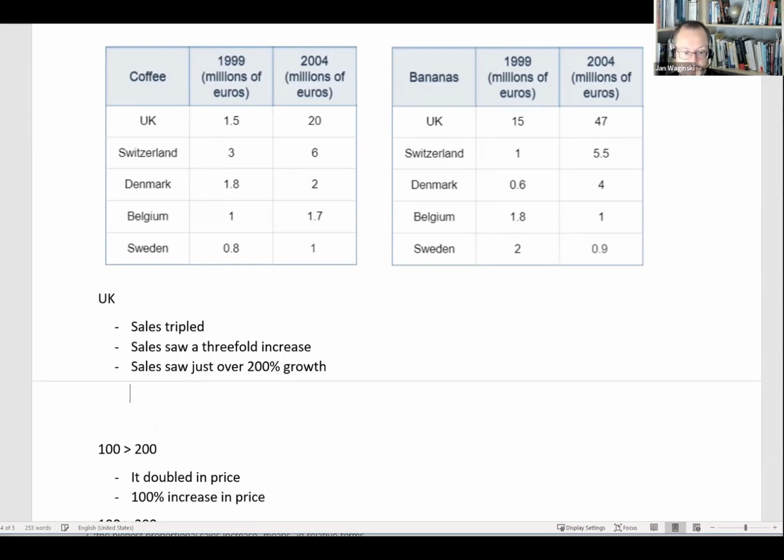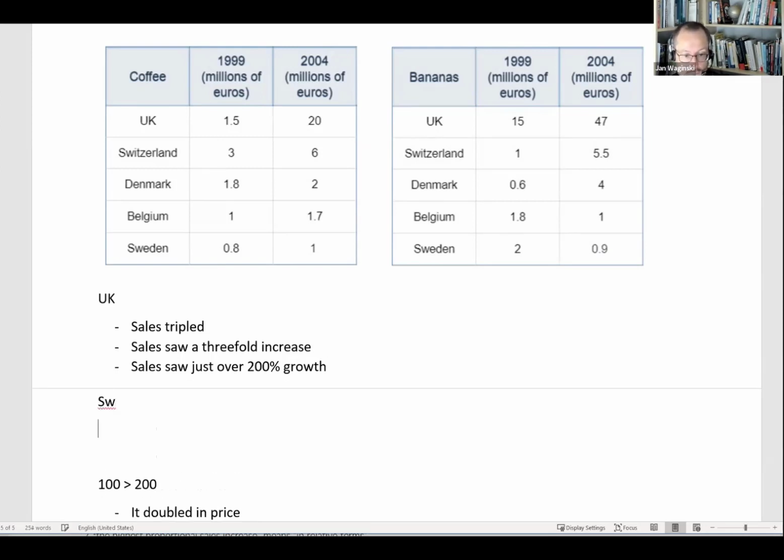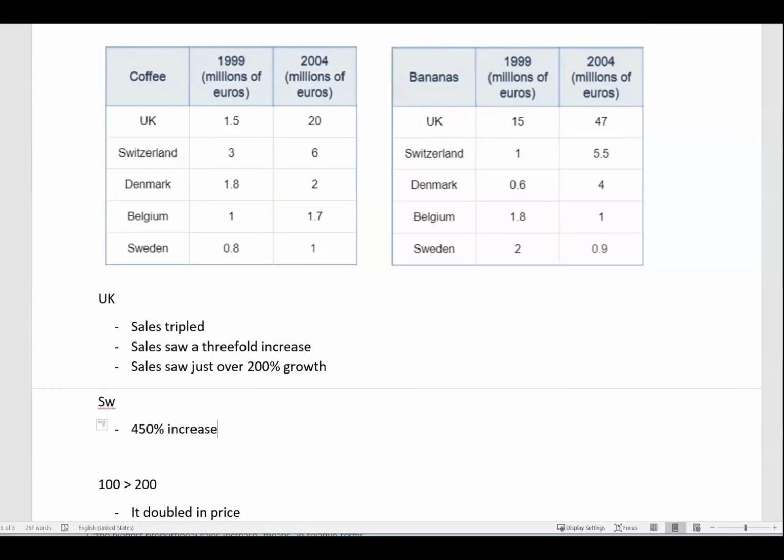Okay, what about Switzerland? More than fivefold? Yep. 400%? Yep. So what's the percentage? You can do this one exactly very easily. Fivefold, 400%. 450%.